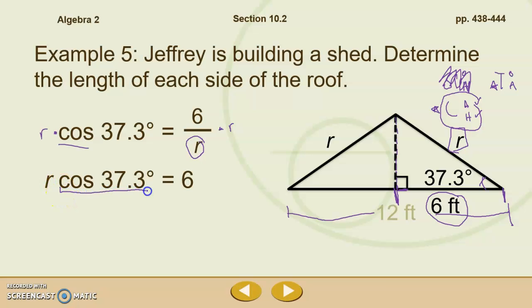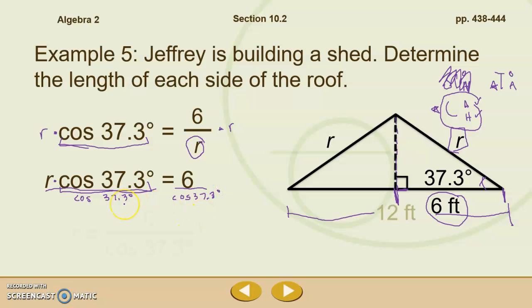Now remember that this is all one thing. This is one ratio. What's the operation that's taking place between r and cosine 37.3? Our implied operation is multiplication, and the way that we undo multiplication is division. So I'm going to divide both sides by cosine 37.3 degrees. Whatever I do to one side, I have to do to the other.